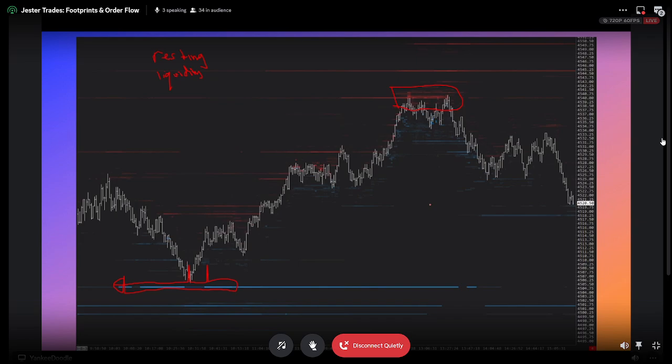Accumulation, distribution. That's the big underlying framework of the market. Another way to say it is it's going from value to value area. It builds value, and then it breaks out of it, imbalance to balance.